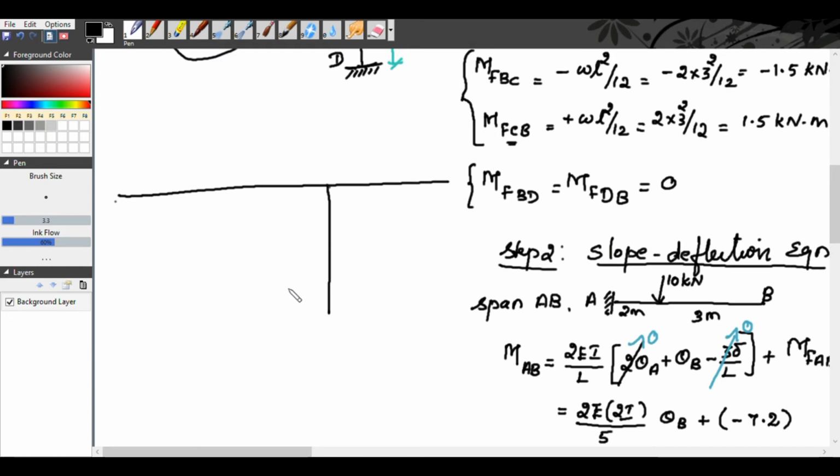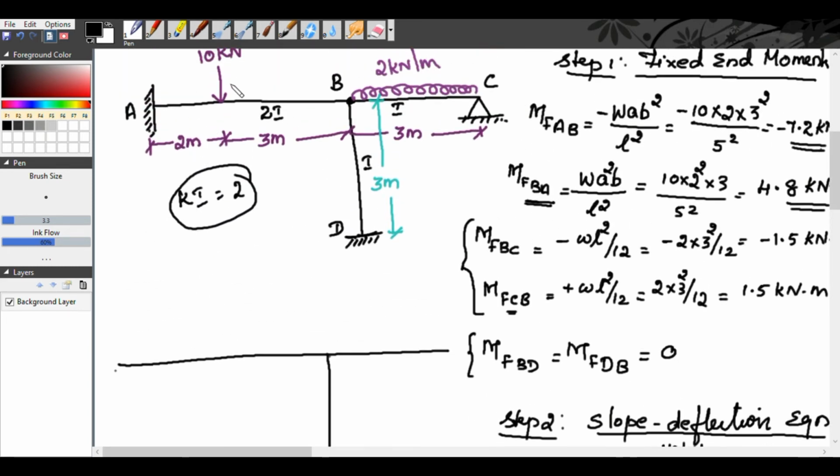For the first span AB, we have a concentrated load of 10 kilonewton. If there is a concentrated load, we know the formula for finding the simple beam moment.